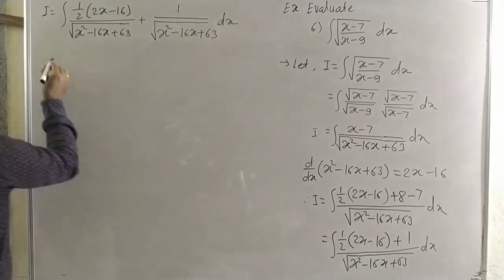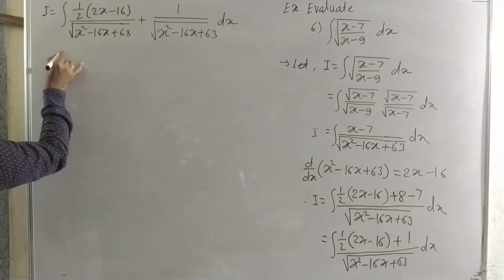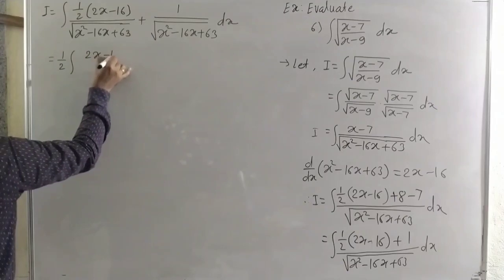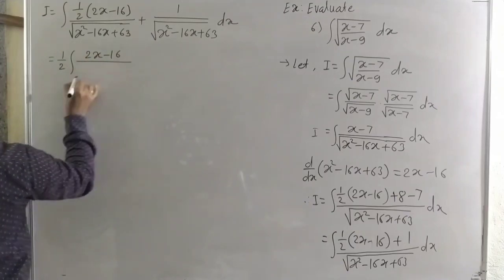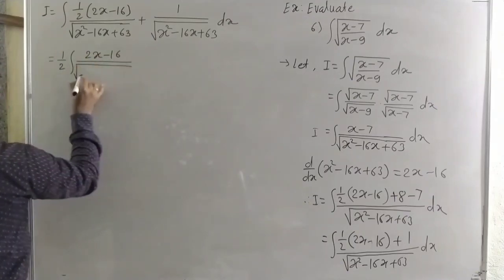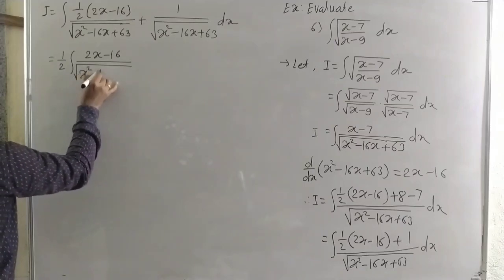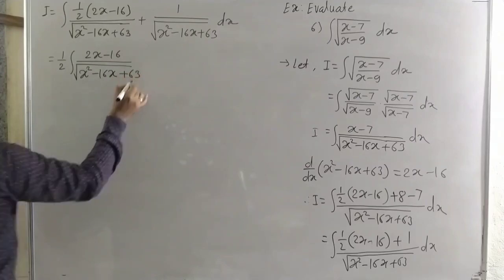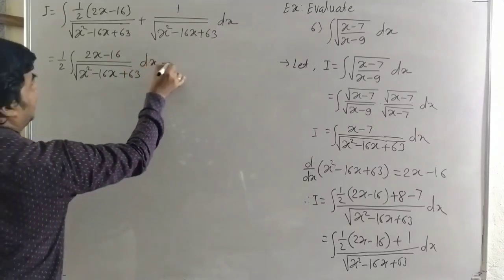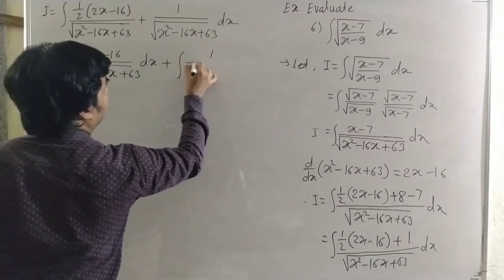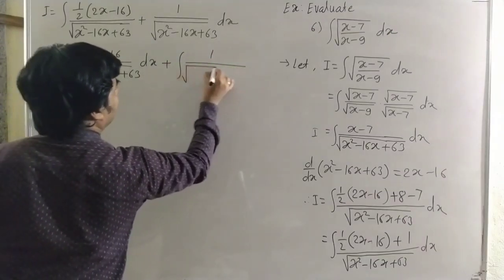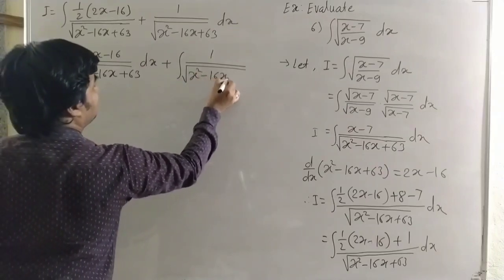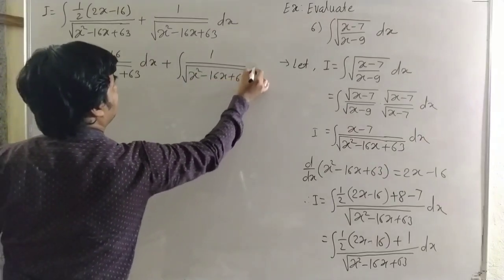Now separate the integrals. It is 1 by 2 into the integral of 2x minus 16 upon under root x square minus 16x plus 63, dx, plus the integral of 1 upon under root x square minus 16x plus 63, dx.